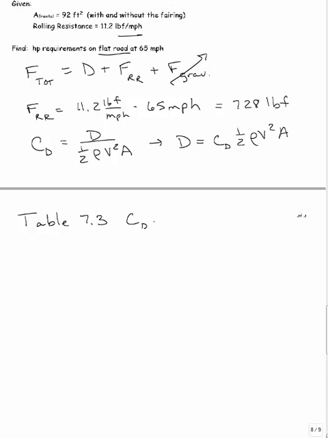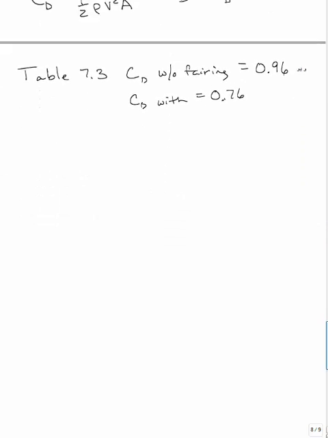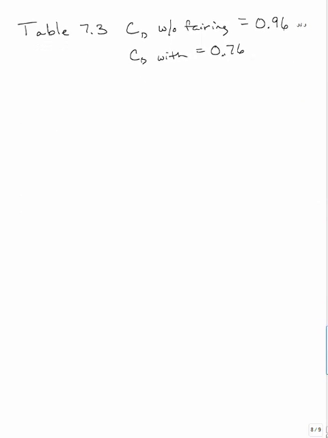CD without the fairing is 0.96, CD with is 0.76. Alright, so see, these problems aren't so hard. So when flow gets complicated, we go to experiments and things actually get easier. So complicated means easier. In calculations, it also means less accurate though, unfortunately.